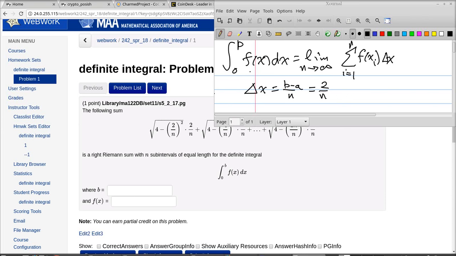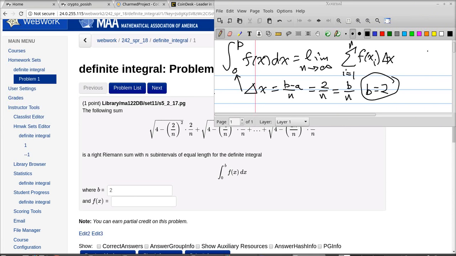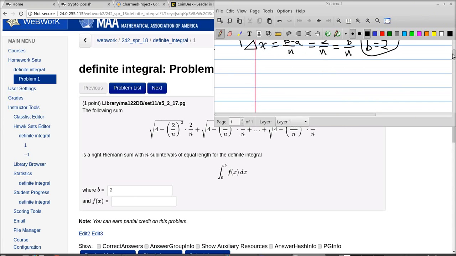And we know from the little integral that they give us that a is equal to 0, so this means that b over n is equal to 2 over n, which means that b must be equal to 2. So that helps. That's the first part of the question here. b is equal to 2. And let's go on to the next part.